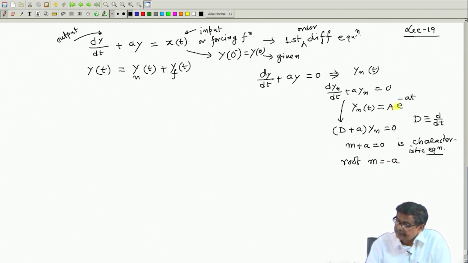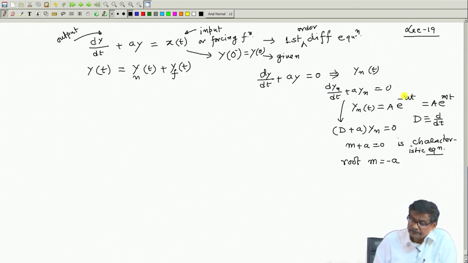In fact, it is this root which comes as m t in the exponent: the solution is a constant into e to the power m t. Therefore, given a differential equation, the characteristic equation can be easily formed, and the root of this equation eventually comes as the coefficient of t in this exponential term.